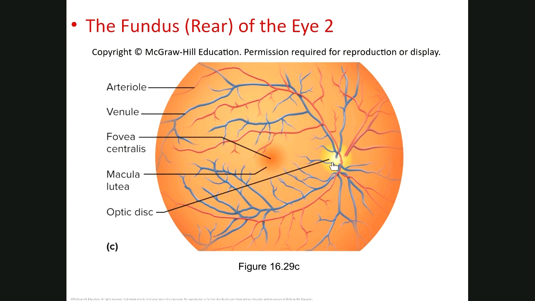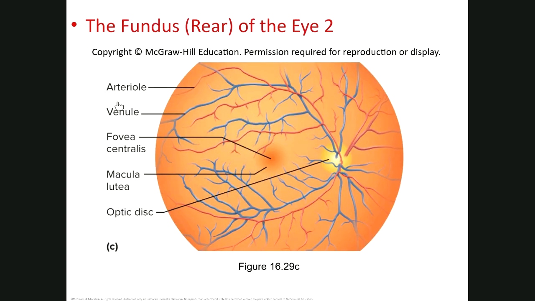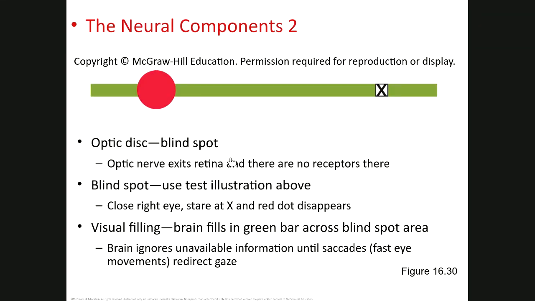You will experience this blind spot if you look at this picture right here. Close the right eye, looking at this with the left eye, focusing on that X. As you bring it closer, the axis goes towards the optic nerve. When it passes the optic nerve, the brain can't see anything, so it just uses whatever's dominant to cover that space where it can't see anything.